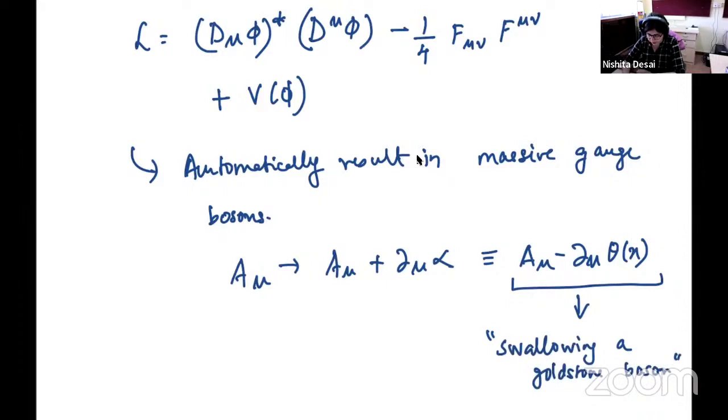Okay, so this essentially corresponds to the longitudinal component. Remember, this theta component always comes with a del mu theta, so it's always parallel to the momentum p mu, right? So that's why it provides this longitudinal component to the gauge boson, and it's also called swallowing a Goldstone boson.